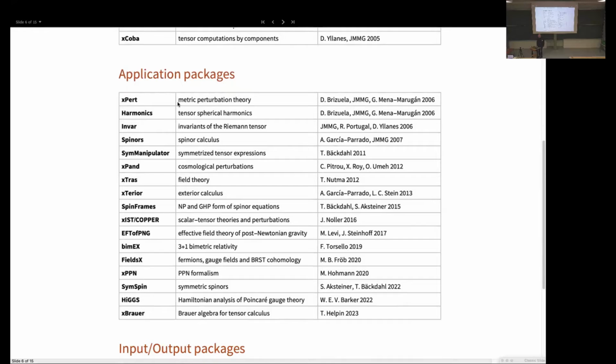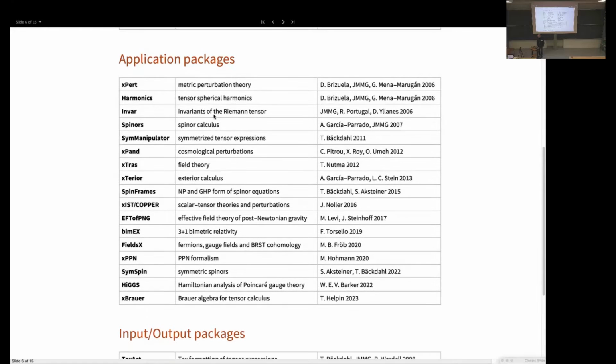And then we have a package for metric perturbation theory. You can do 10th order perturbation theory if you want. Another one for spherical harmonics, all sorts of harmonics, tensor harmonics around spherical space-times in the sphere. There is a package dedicated to invariants of the Riemann tensor. I will show you some examples here. You can handle products of contracted, I don't know, 7 Riemanns.